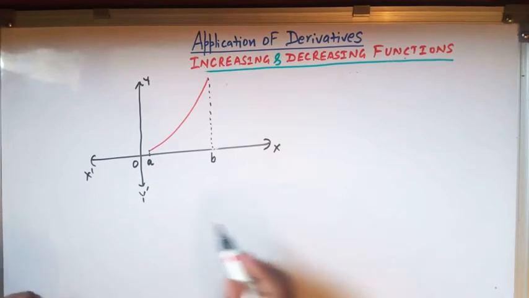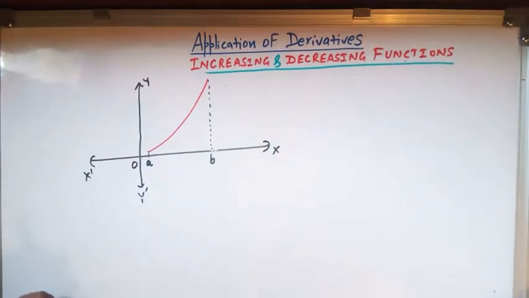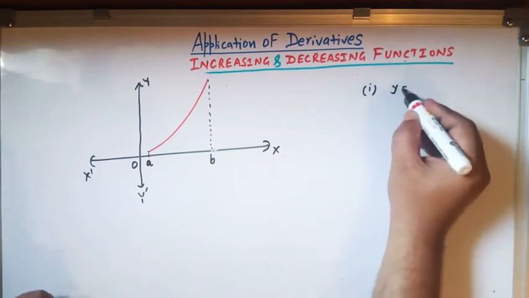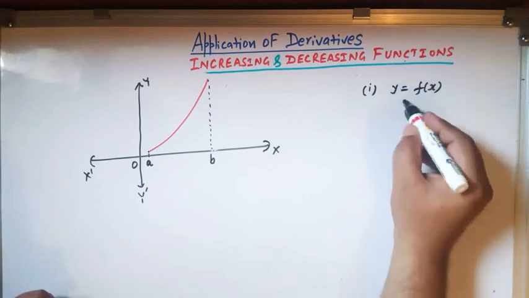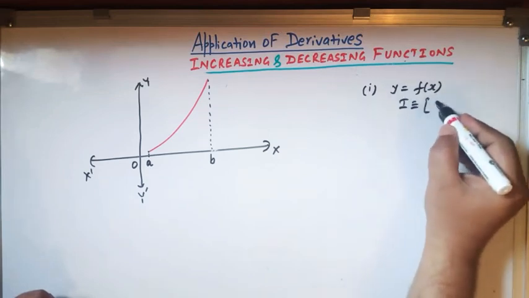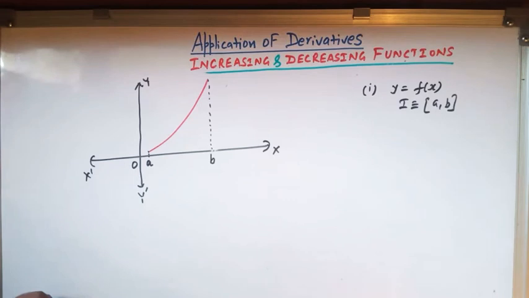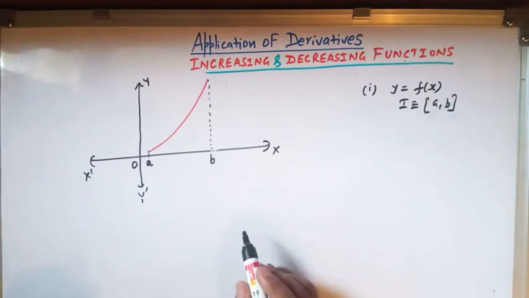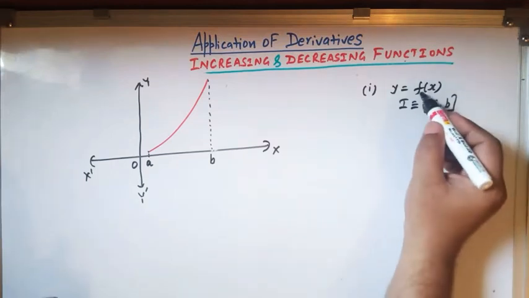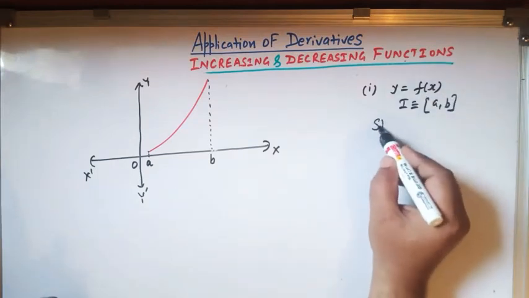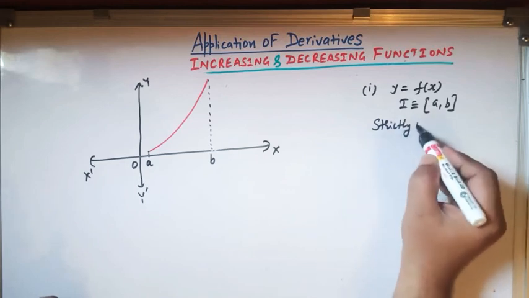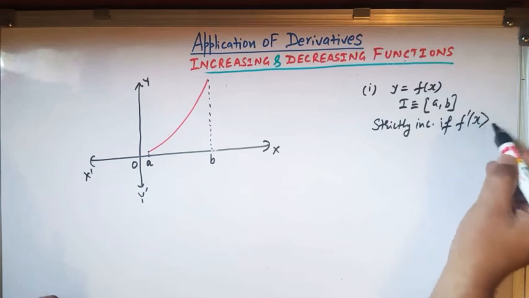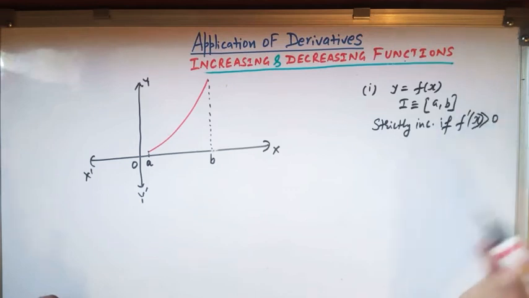Now viewers, we have just discussed that a function y equal to f(x), if it is defined on an interval a comma b, which is a subset of its domain, then this function f(x) is said to be strictly increasing if the derivative is greater than 0, right?